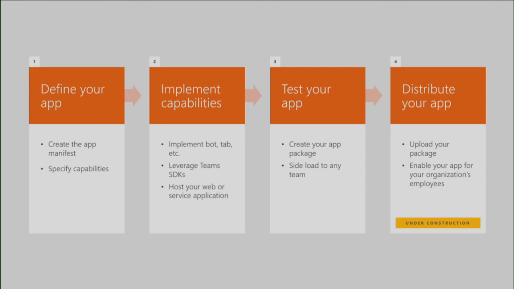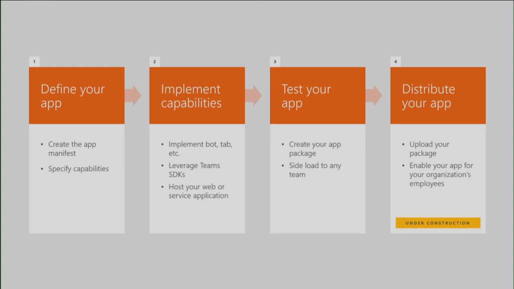You're hosting that. It's your own service. It's your own application. But we do provide SDKs in a few different languages to actually help make it simpler to build those apps. Lastly, testing. I'll show you how to do that by taking your package and sideloading that into Teams, and then you'll actually be able to interact with it just like I showed earlier in that demo.